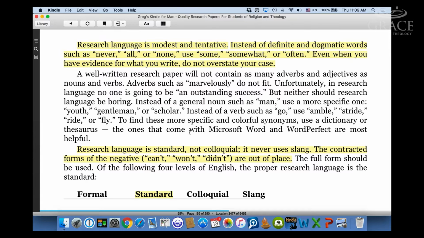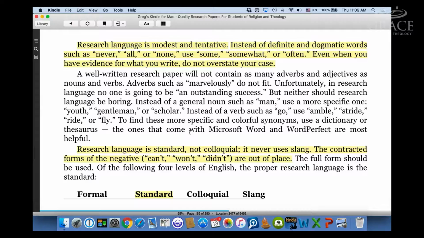You could say, Paul never uses this term in this letter. But don't say it like that. Just say, Paul does not use this term in his letters. That way you're not coming across as polemic or dogmatic, and your reader likely won't get defensive about that.